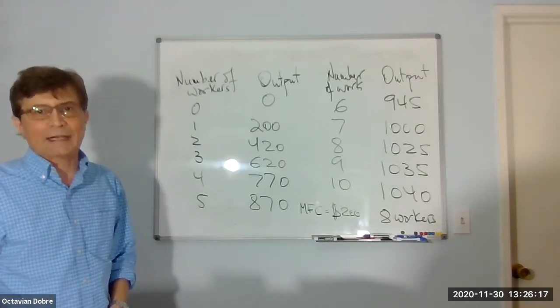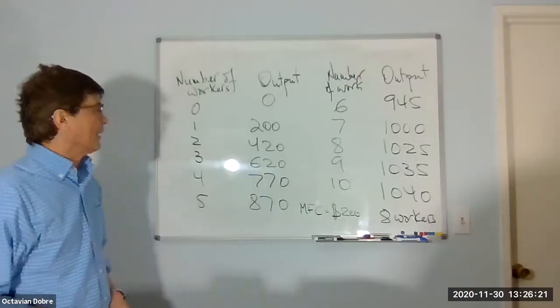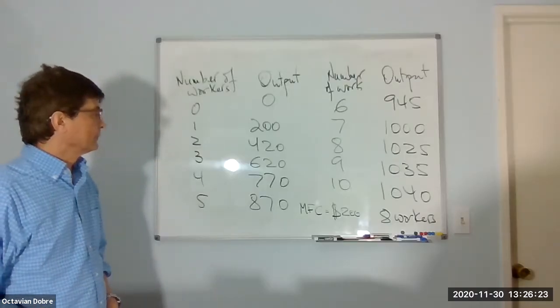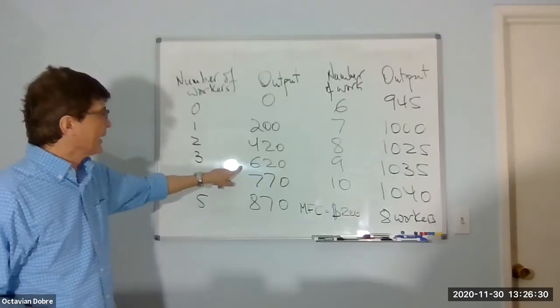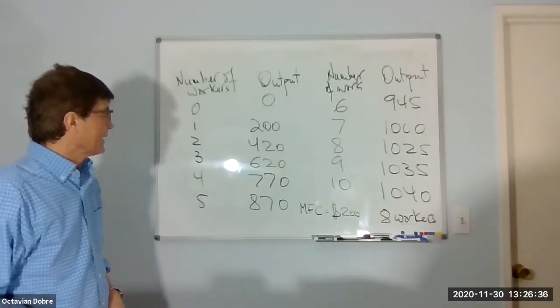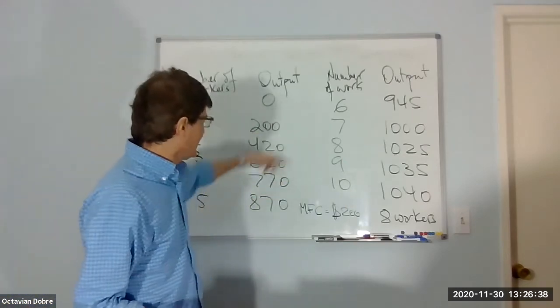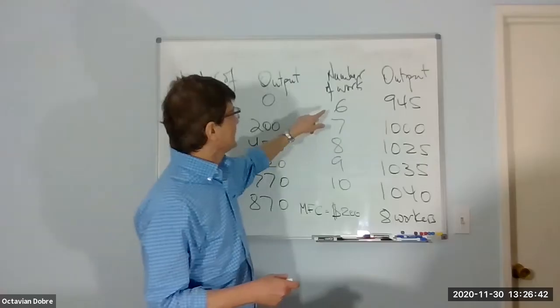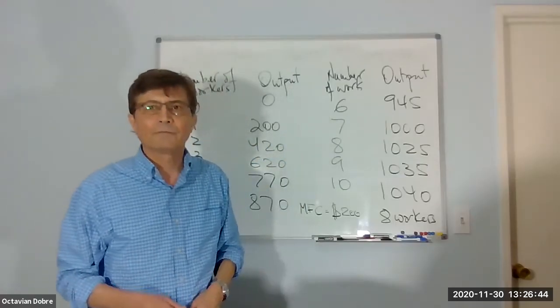Okay, the second worker? 220. The third one? 200. And then the fourth one? 150. And the fifth one? 100. And the sixth one? 75. And the seventh one? 55.